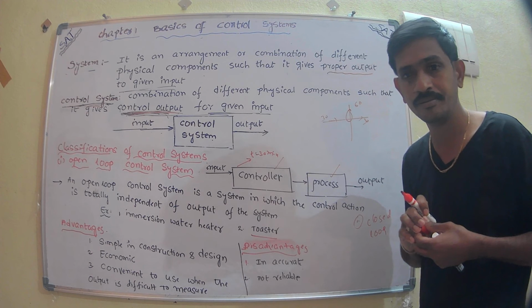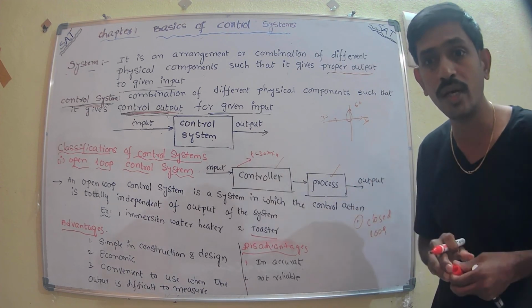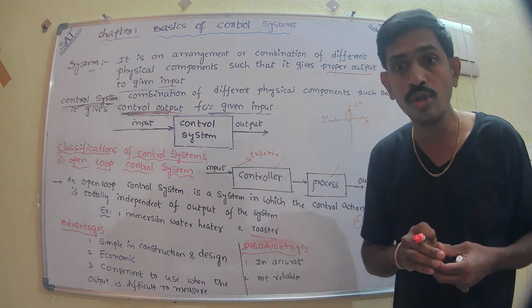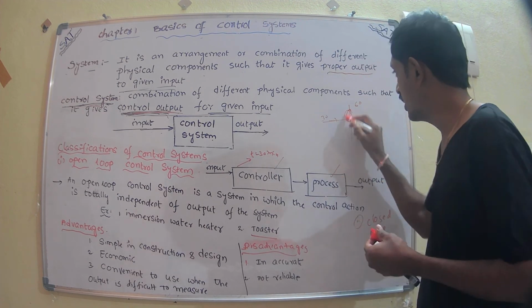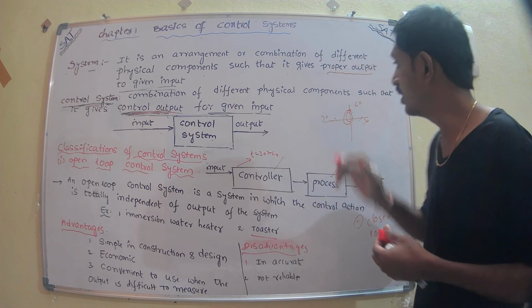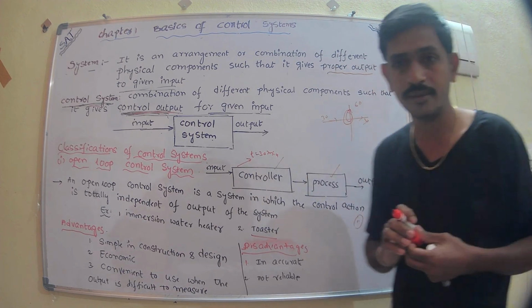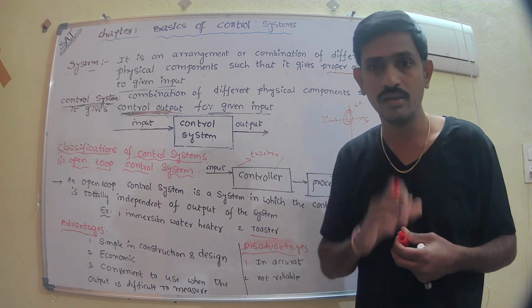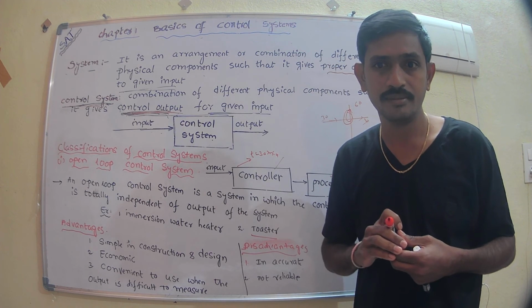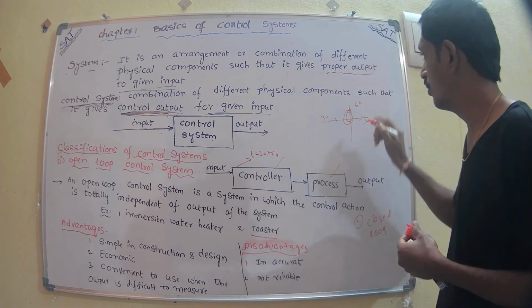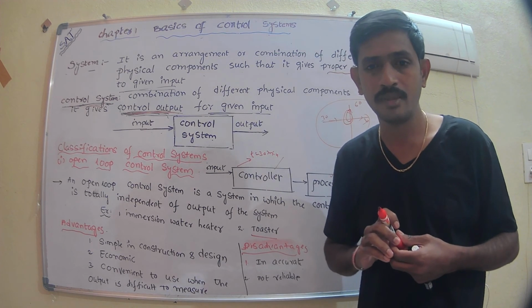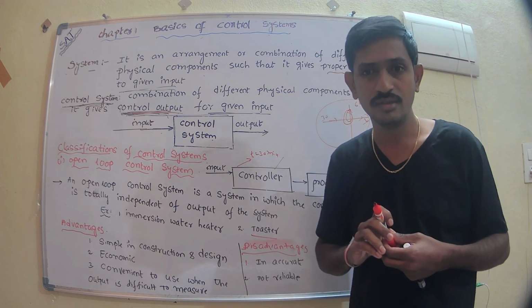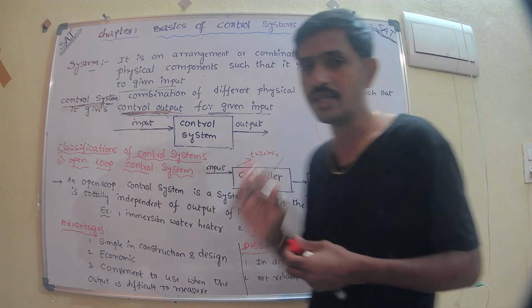We have to control the signal according to the traffic density. But here, it will control the traffic according to our initial time setting. That is a drawback of the traffic signal. So this is one example for the open loop control system. I hope you understood these examples.